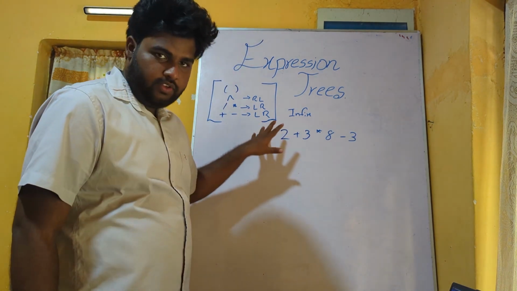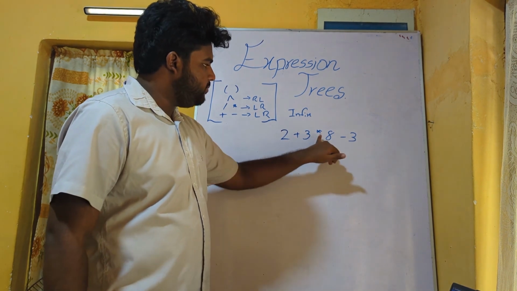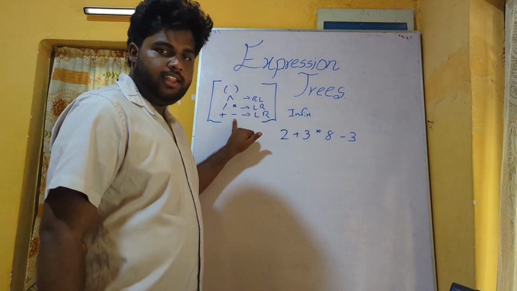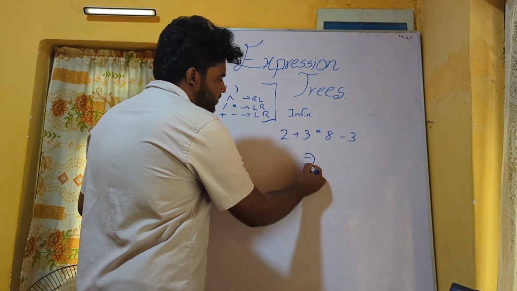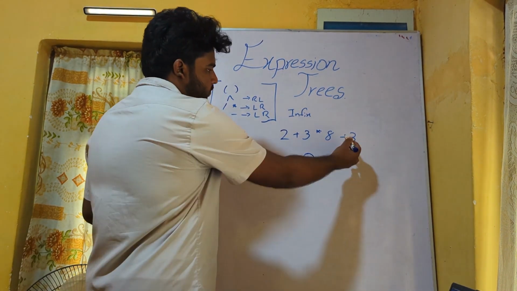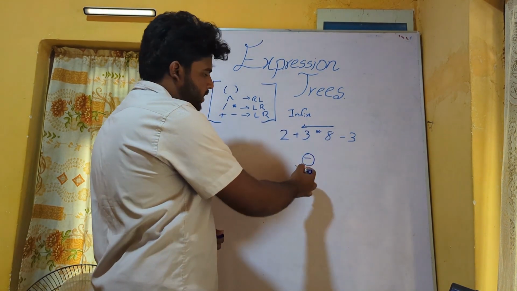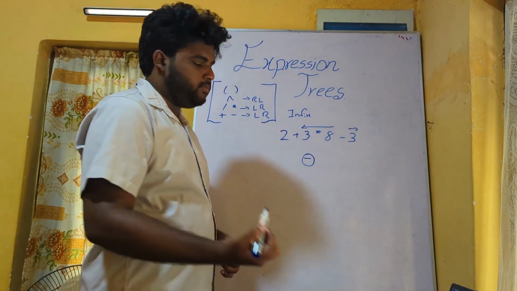So here, if you scan this from left to right, we can find the addition, multiplication and subtraction. Since subtraction is the least precedence operator, we can simply write that as our root. And from that operator, this whole left side is going to be the left subtree, and this is going to be the right subtree.